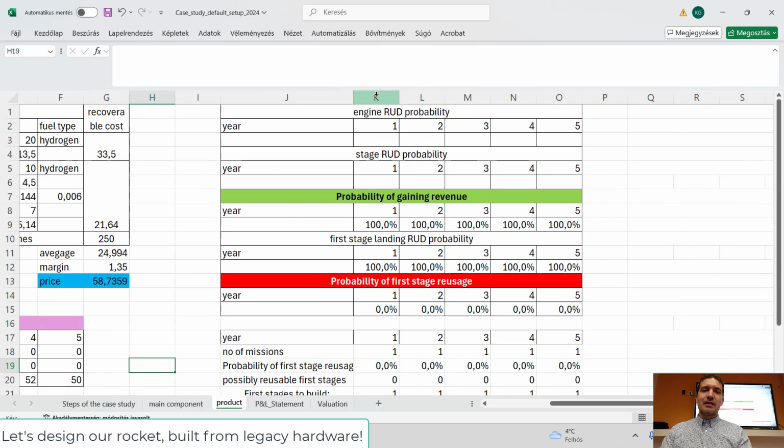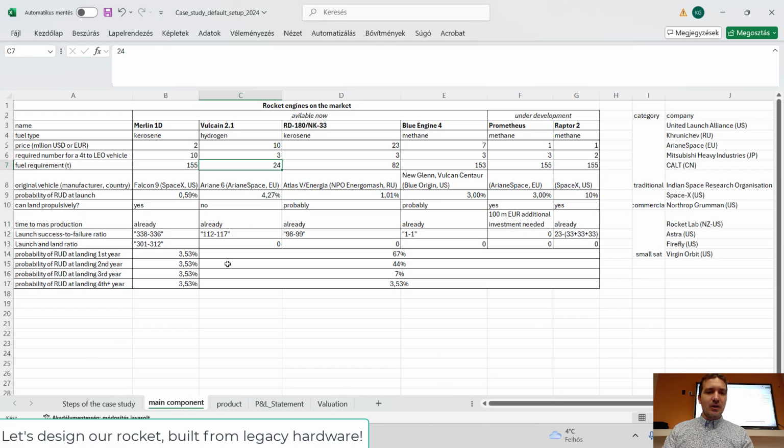Okay, then engine stage probabilities. So probability of explosion. Then it's also coming from our database here. This is about landing, so we should look for the explosion at launch.